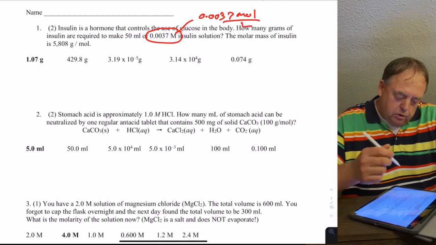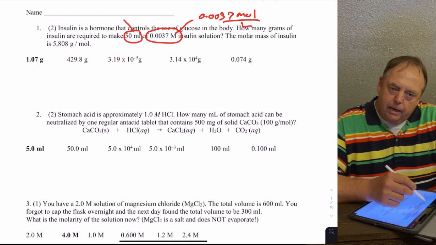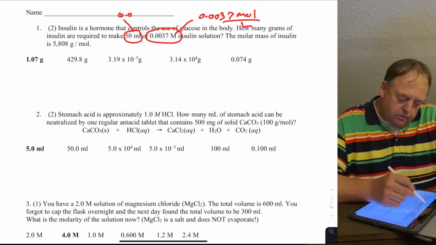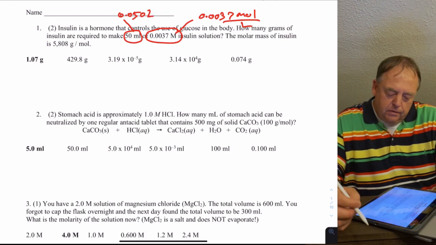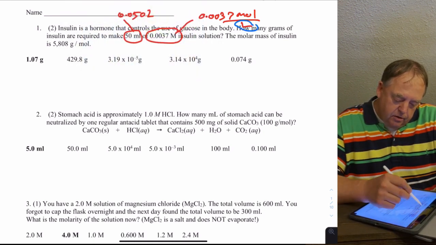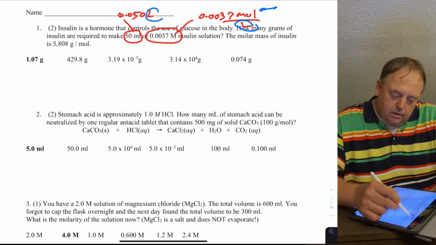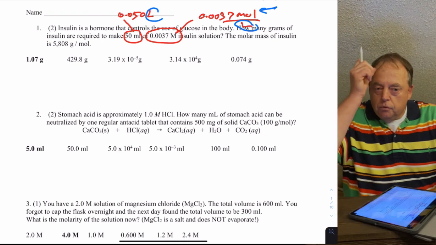So you have moles per liter there, and you see 50 mils. If you convert that to liters, divide by 1,000, so that would be 0.050 liters. So you have a liter there, and a liter there. If you just multiply these two numbers together, then liters will cancel and you'll have moles.